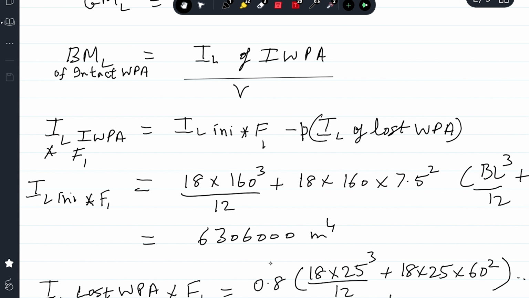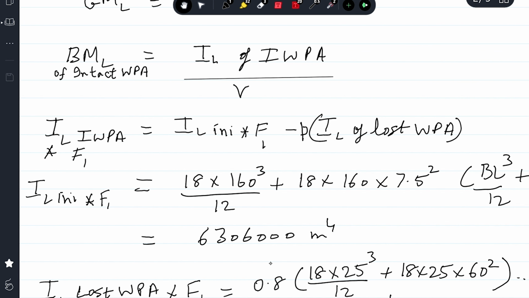But I need about F1. So I have to use parallel axis theorem plus AD square. A is the area of the water plane, 18 into 160. And D is the distance between the two axes, means the distance between the original center of rotation and the new center of rotation, F and F1, which we have found 7.5 meters.